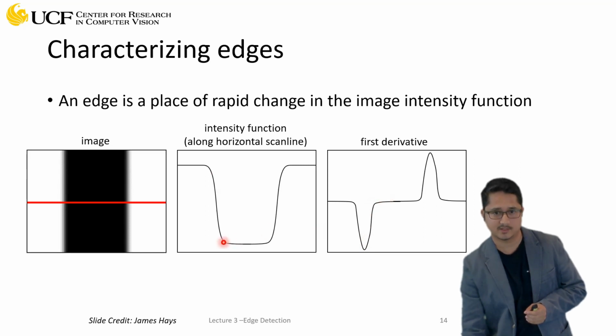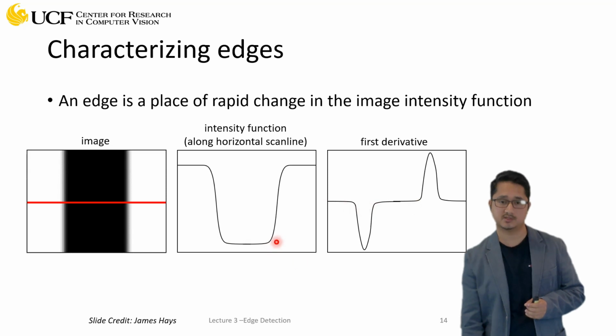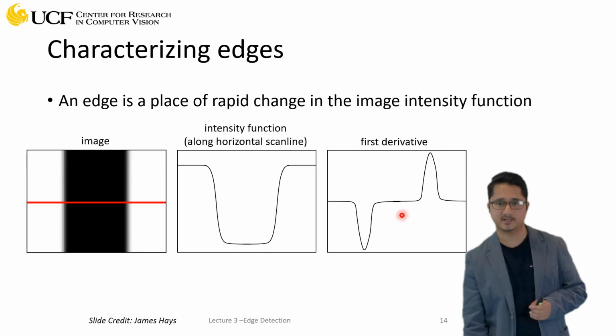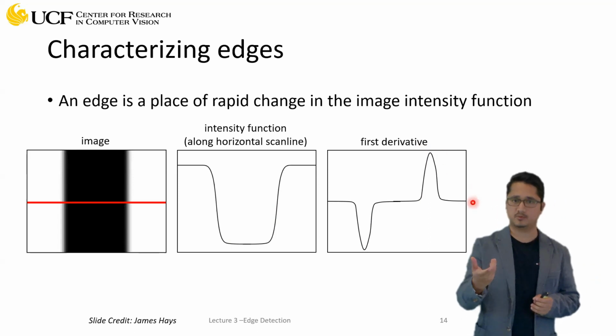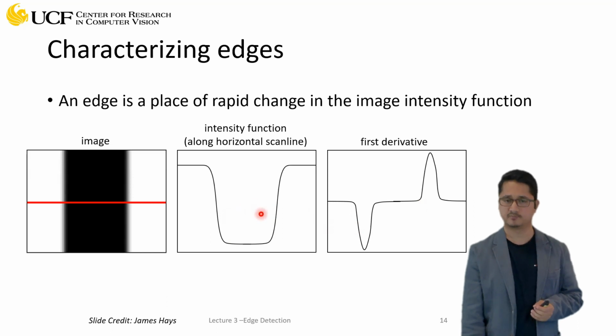This point is at this location, when the values are not changing at all, so the derivative stays 0. And you can repeat the same process for this curve. This is actually increasing, so your slope is positive. That's why you get the same kind of bump, but in the positive direction. So that's how you compute the first order derivative of this simple intensity profile.